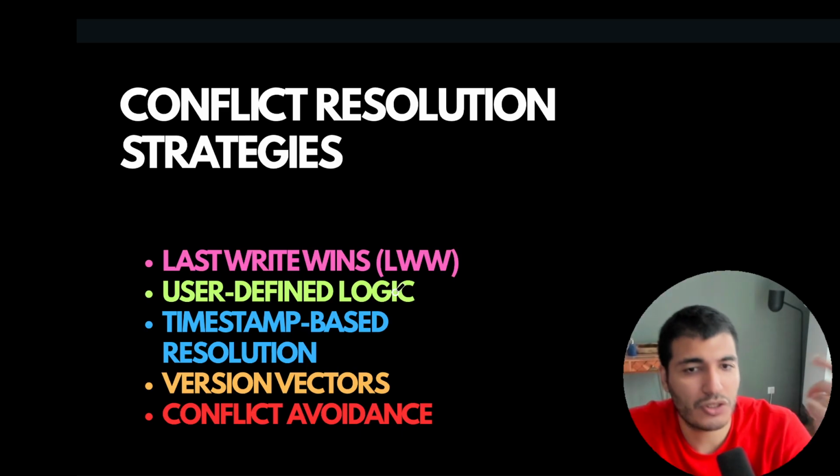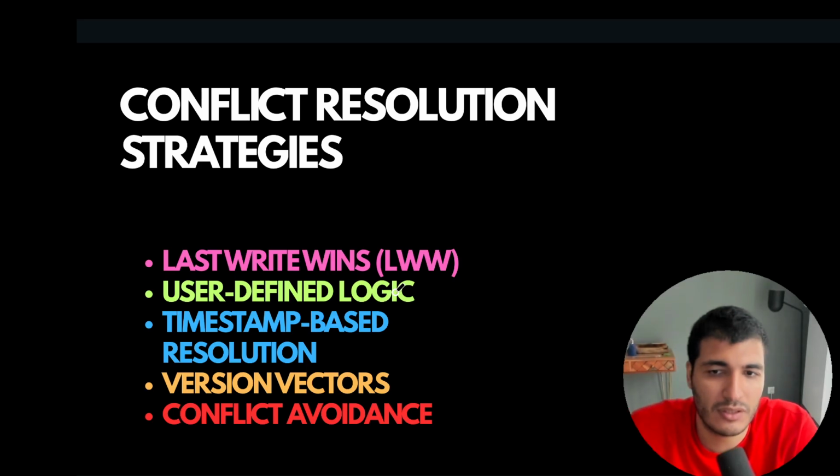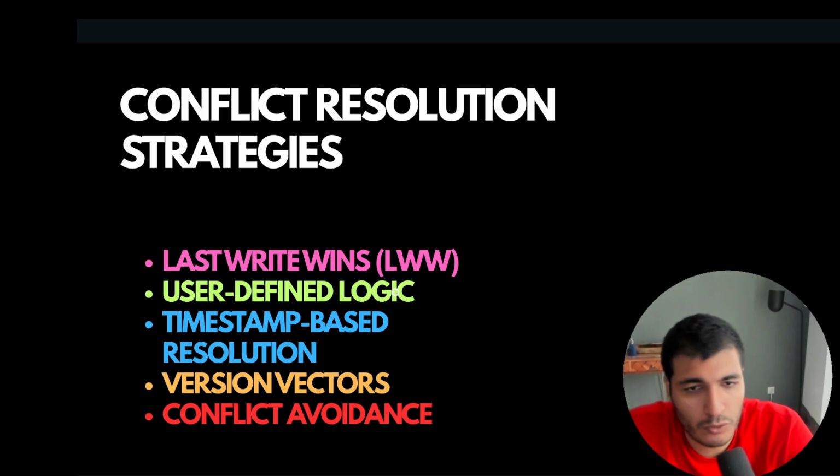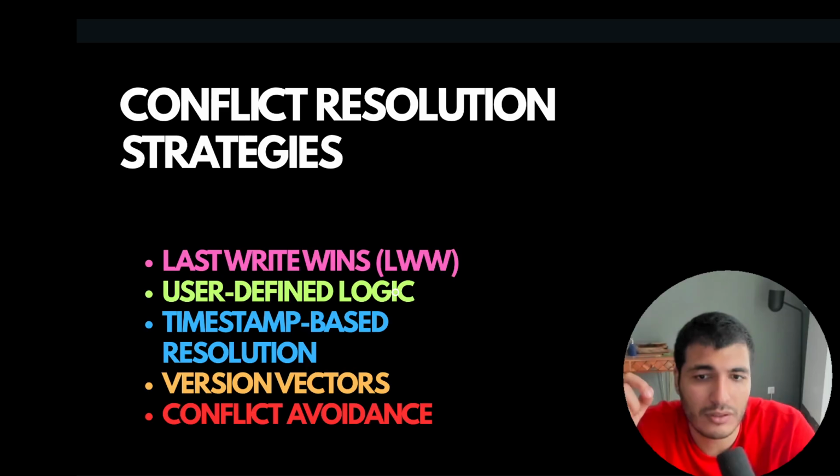The first one is last write wins. This is often the simplest and default approach in some systems. As the name suggests, the change that arrived last at a given node wins. This is easy to implement, but can lead to unpredictable behavior and potentially data loss if the last write wasn't intended.